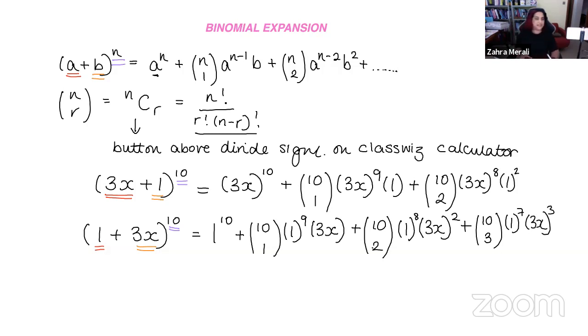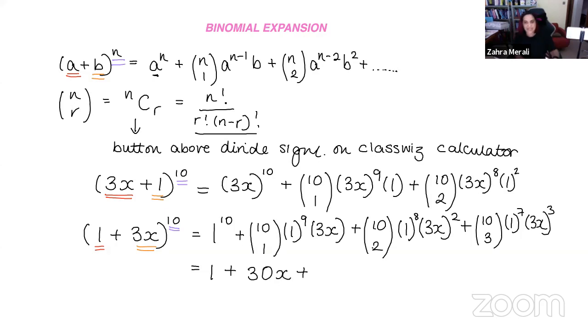And now we're going to plug that all into a calculator. So when we put that into a calculator, you shouldn't have to do 1 to the 10, it's just 1. And for 10C1 in your calculator, that's 10C1. So 10C1 gives you 10, times 1 is 1, times 3 is 30.